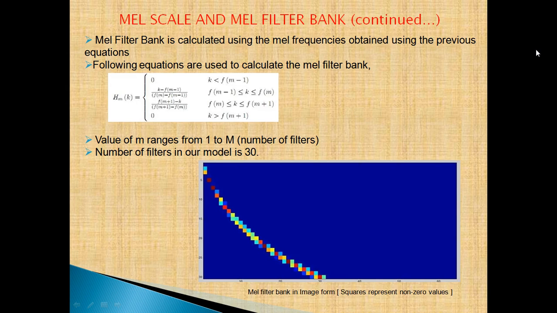The figure on the bottom is the Mel filter bank in image form. Here the squares represent a non-zero value, and where there's no square it represents a zero value. This is a colored figure showing a Mel filter bank in image form.